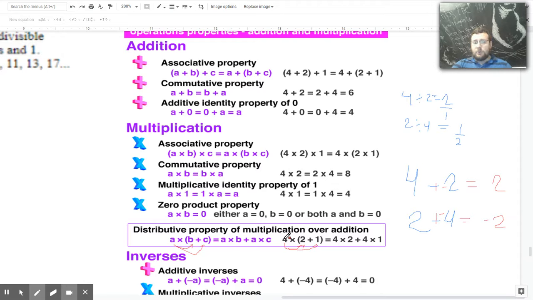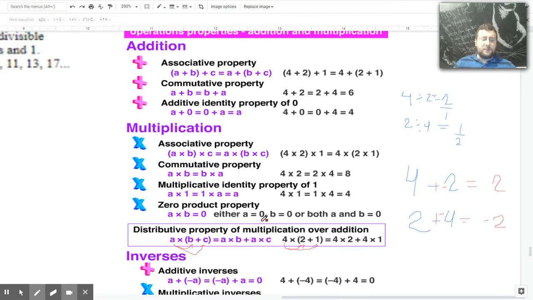So in this example, it would be 8 plus 4, which will give you 12. Or you can actually add the inside first and get 3 times 4, which still gives you 12. All right, so that's kind of what the distributive property means. You can either work with the parentheses first if you can, and then multiply, or you can distribute the outside of the parentheses to the inside, and it still works out.